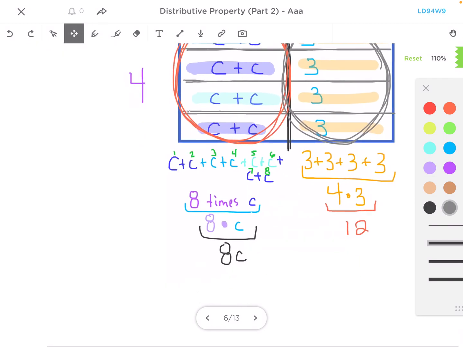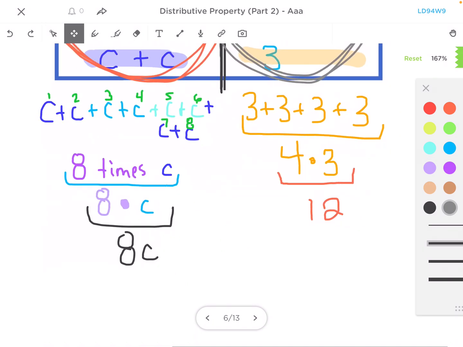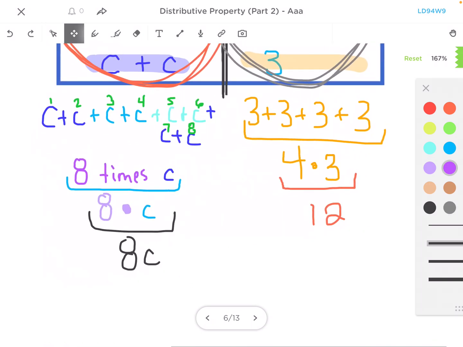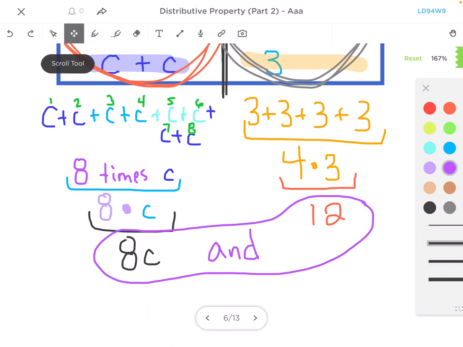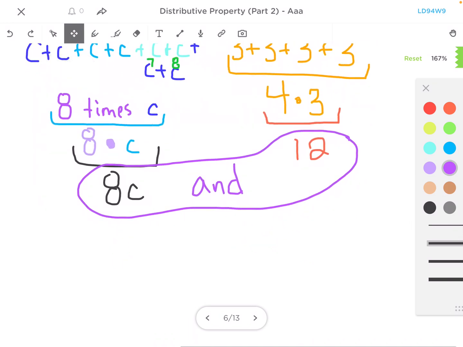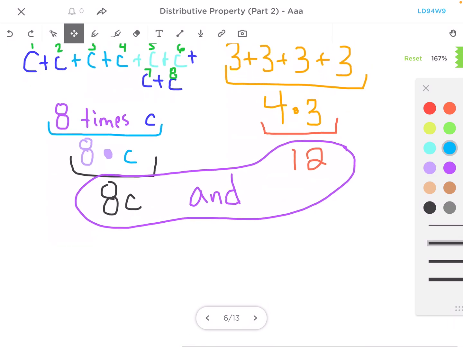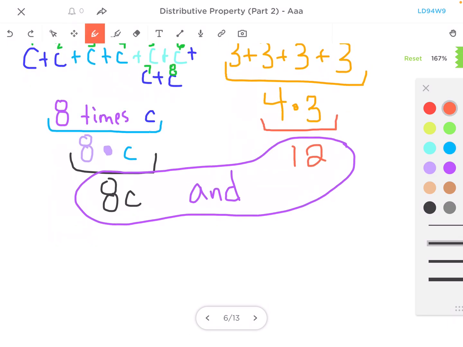So at this point, I can put these together and say I have 8 C's and 12. Right? And the last step we have to do is change this into a math operation. And means plus. So I'm going to change that. This is really 8 C's and 12.